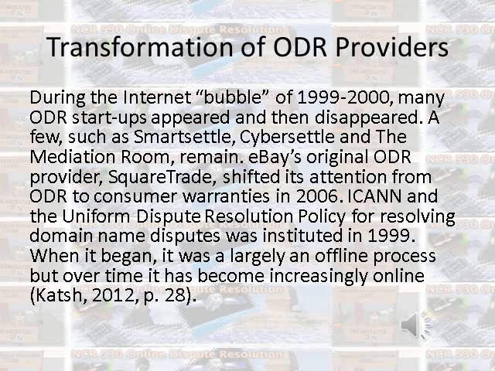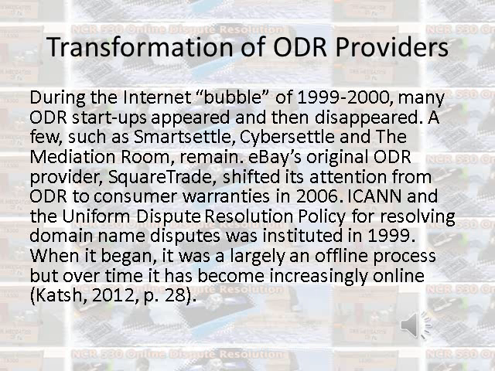Ethan Catch describes a transformation of ODR providers. To quote Catch, "During the internet bubble of 1999 to 2000, many ODR startups appeared and then disappeared. A few, such as SmartSettle, CyberSettle, and the Mediation Room, remain. eBay's original ODR provider, SquareTrade, shifted its attention from ODR to consumer warranties in 2006.